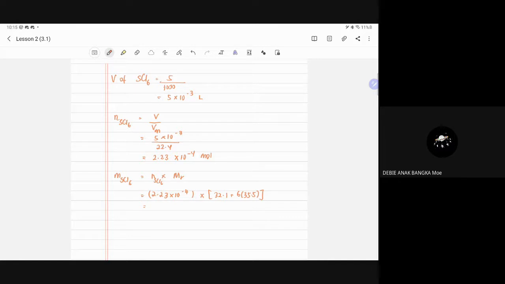And then tutup bracket. And then saya akan tekan darab. And then saya buka bracket lagi. Saya tulis macam mana saya tulis dekat atas kertas. So 32.1 tambah 35.5 tutup bracket. Like that. Okay. Ada dua tutup bracket tu.